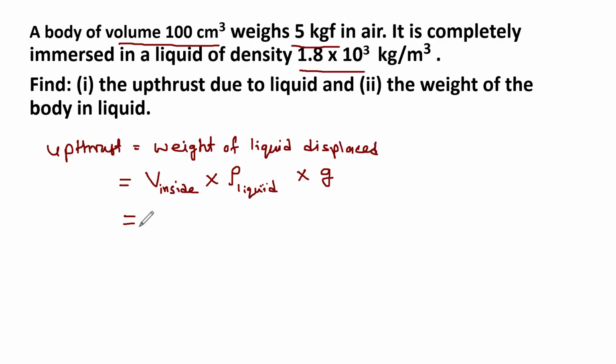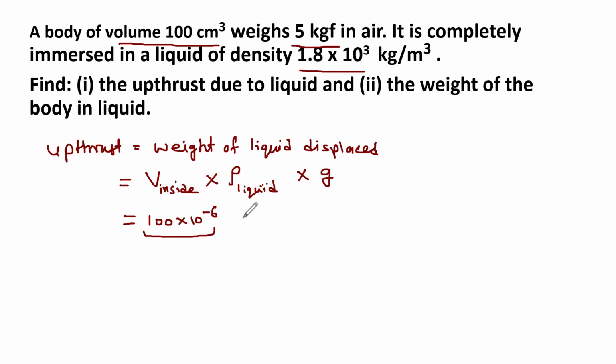Okay. So here volume inside is given as 100 centimeter cube. To convert this into SI unit, we can write 100 multiplied by 10 raised to minus 6 meter cube. This will give us the volume, because the body is completely immersed.